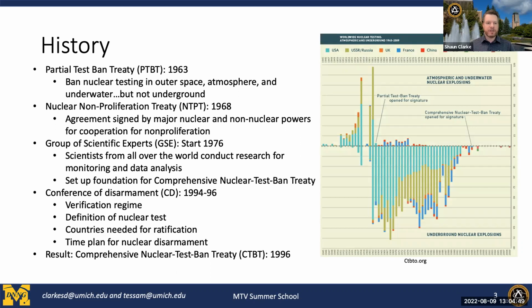First, a bit of history. The chart at the right is a rather complicated chart that shows the history of nuclear weapons testing. You can see this middle horizontal axis. Some bars extend above the axis, some extend below. What this is showing is the number of nuclear weapons tests.